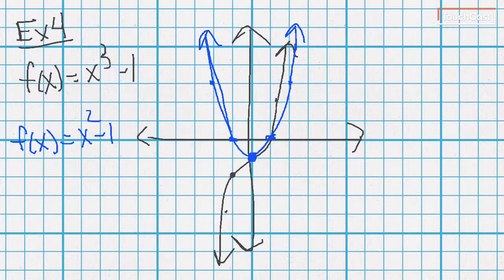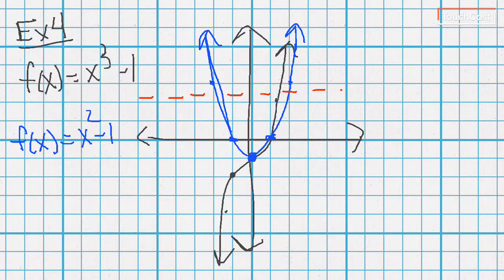We're going to use the horizontal line test to determine if these functions have an inverse. So I'm just going to draw a horizontal line across my graph. And if this horizontal line crosses a function only one time, then that function has an inverse. If it crosses more than one time, that function does not have an inverse.